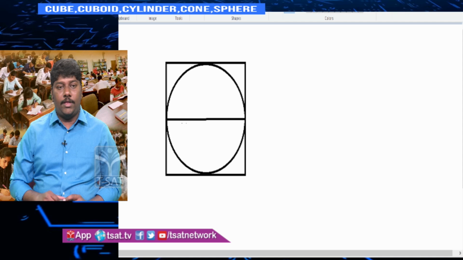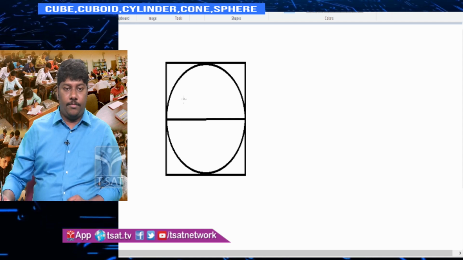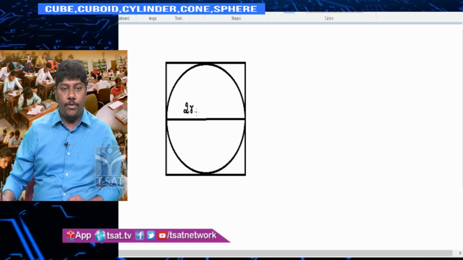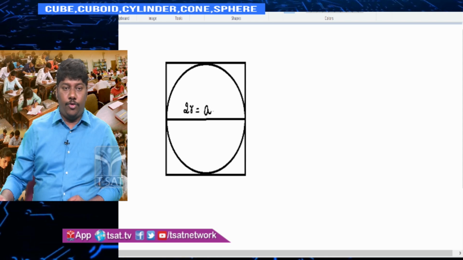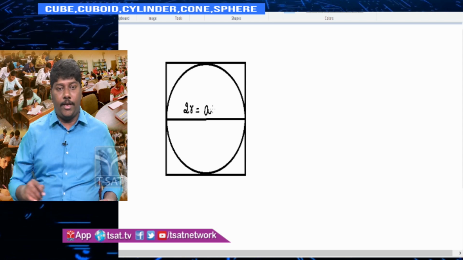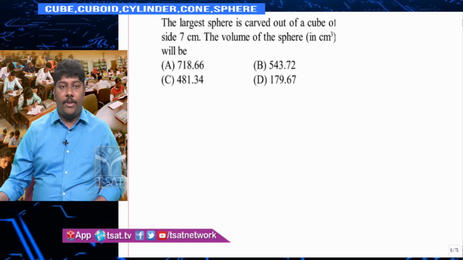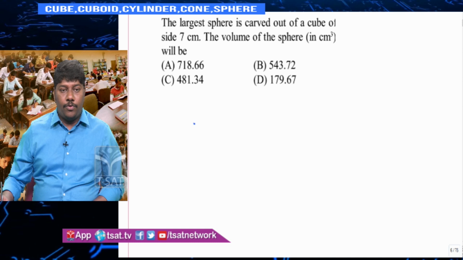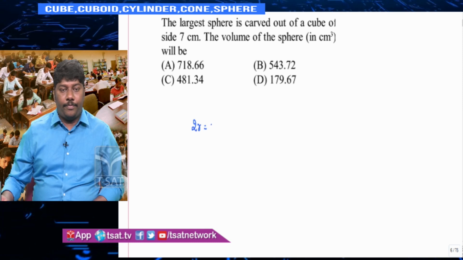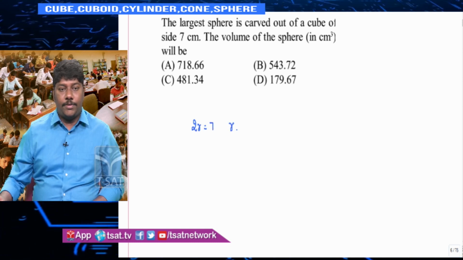Now what will be equal? The diameter of the sphere, that is 2r, should be equal to the edge of the cube. 2r is equal to a here. So I am taking the same value. Carved out of a cube of 7, which means 2r is equal to 7. r is equal to 7 by 2.